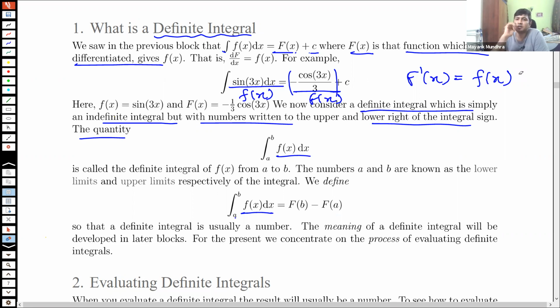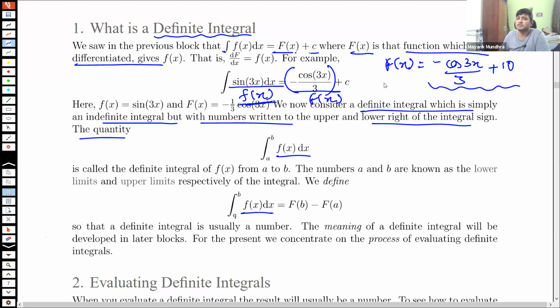But right now, an important doubt is that obviously I took capital F of x as a function whose differentiation gives me sine 3x. But this is not the only function which, when differentiated, gives sine 3x. I can take capital F of x as minus cos 3x by 3 plus 10.